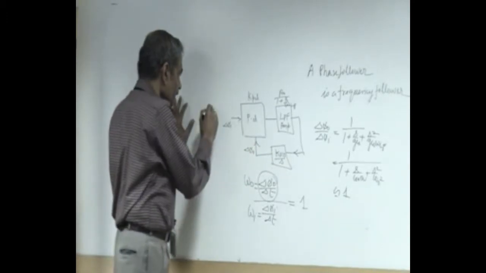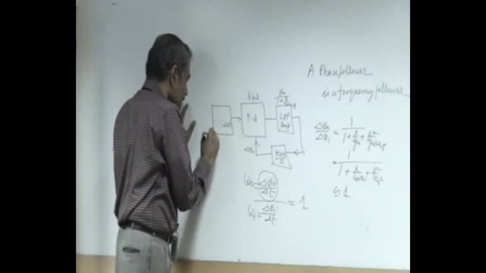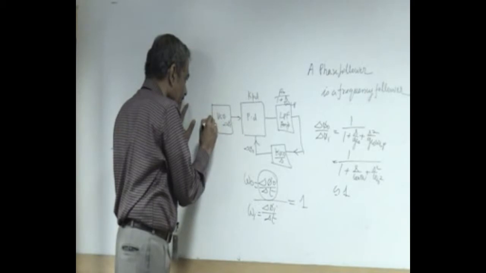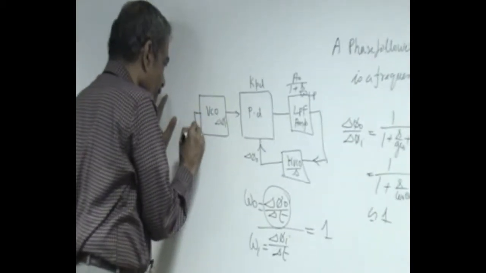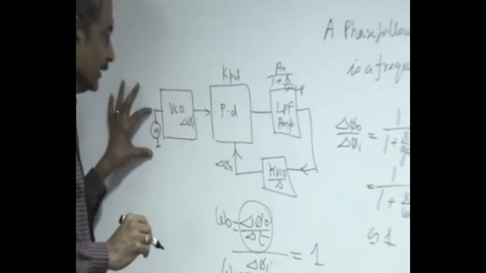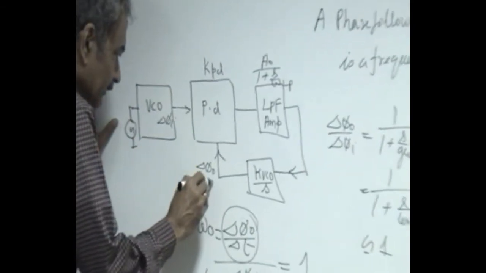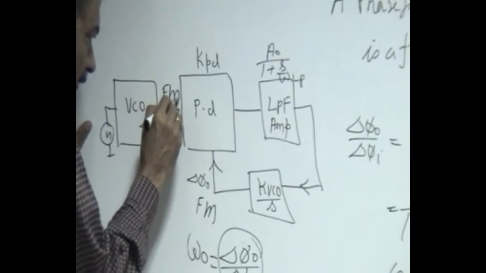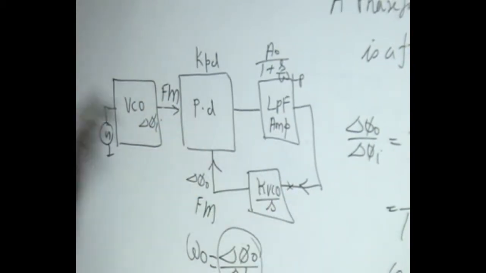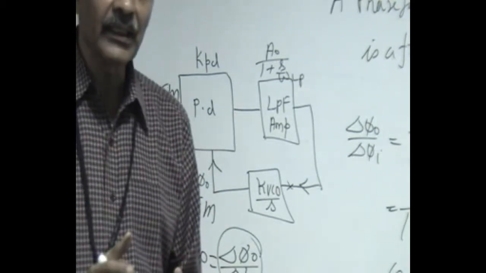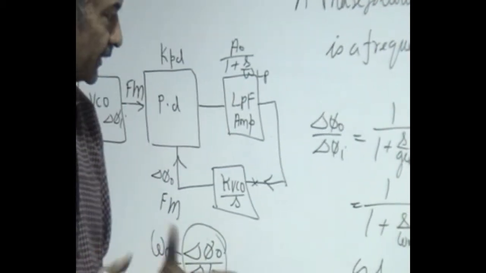If this input frequency is an FM, you get an FM here. An FM is produced by the VCO that we had seen, by applying a modulating signal at this point. So this FM produces the same FM here, and that means this VCO reproduces this. So this can be used for detecting an FM or FSK.